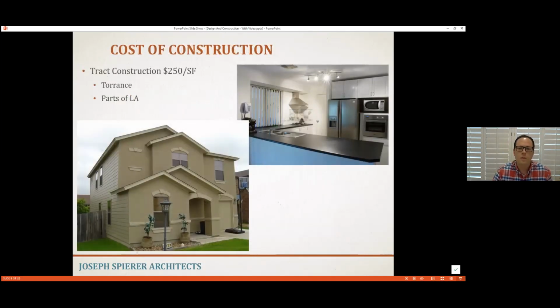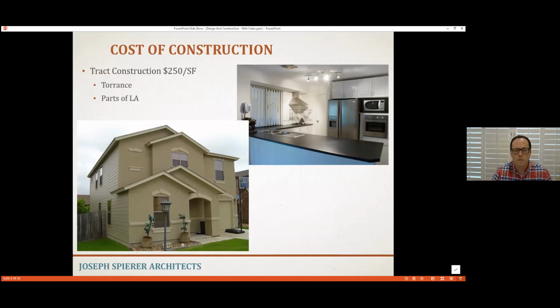All right, so I showed you some construction costs, and I think I pointed out $400 a foot. That doesn't mean you have to build for $400 a foot. You can build for less, but the product that you get is significantly different. Right here, what you see is tract construction.